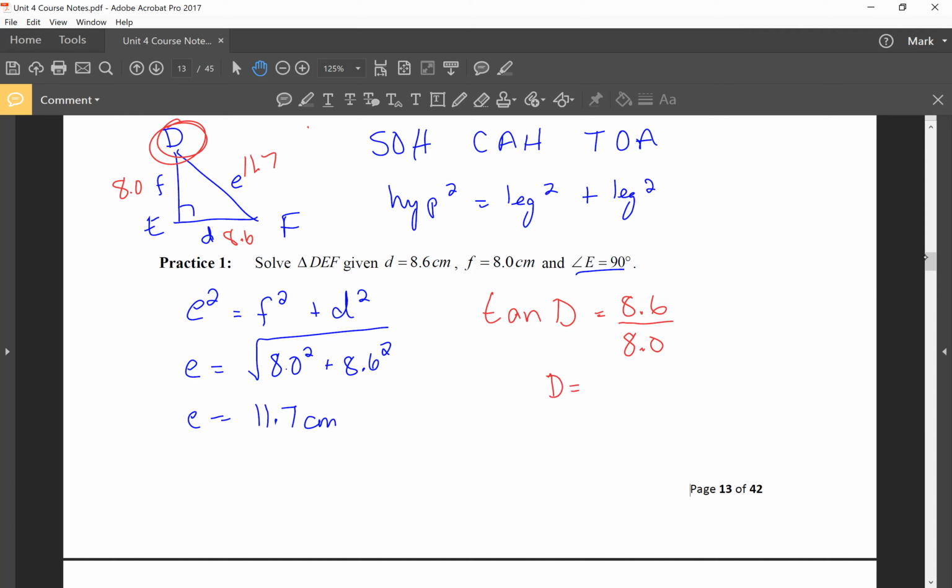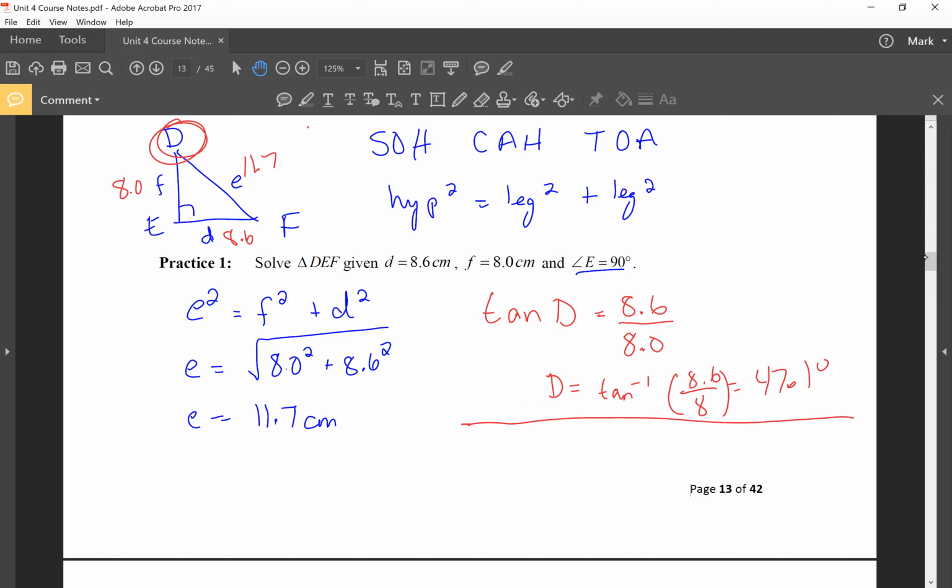So D is going to equal tan inverse of 8.6 divided by 8. Why did I pick tan? I felt like it. And I get, so 8.6 over 8, you will get 47.1 degrees. Oops, sorry, I didn't mean to cross that out.